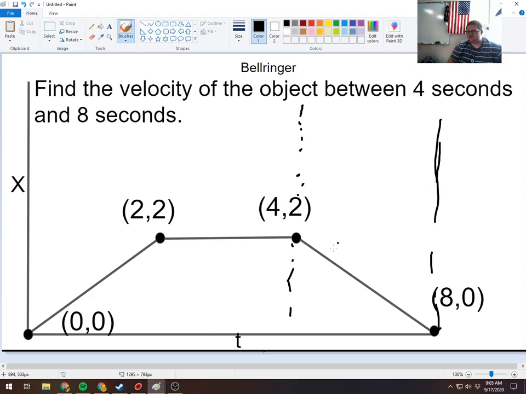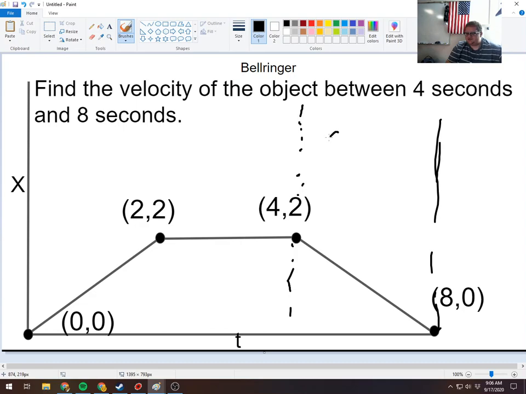What is the velocity between here? To find that, it's relatively simple. We just find the slope of that line. And again, it's the exact same equation we had previously: the final displacement minus the initial displacement divided by the final time minus the initial time. Well, we can already check and say this should be negative, because it's a negative slope, so we should get a negative answer. Let's see what we get.